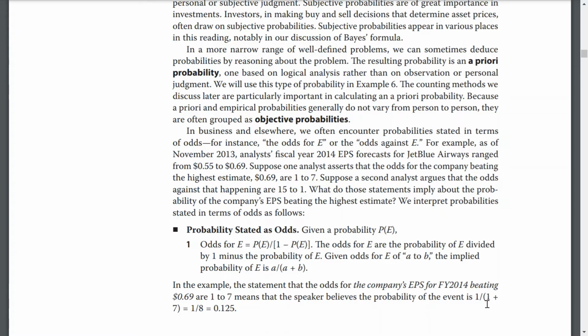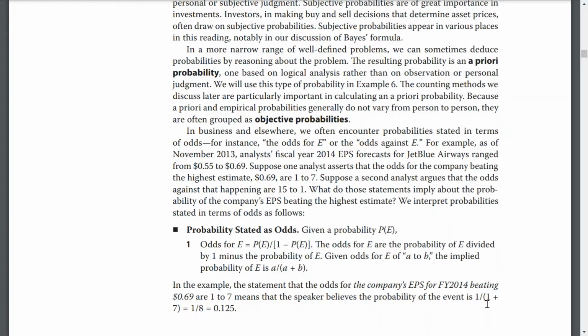Suppose an analyst asserts that the odds of the company beating the highest estimate of 0.69 are 1 to 7. Suppose a second analyst argues that the odds against the happening are 15 to 1. What do those statements imply about the probability of the company's EPS beating the highest estimate?